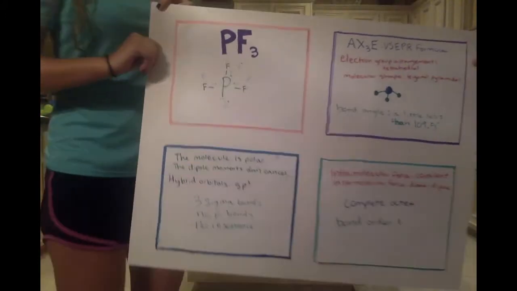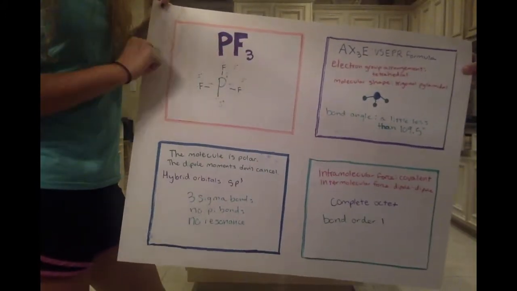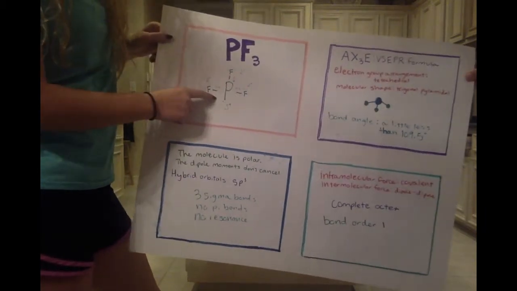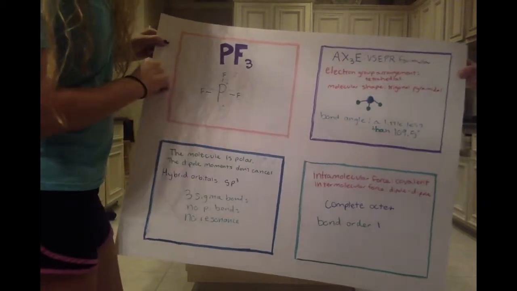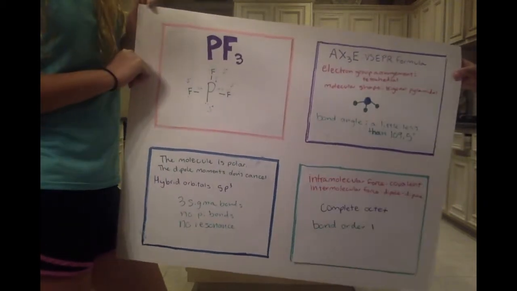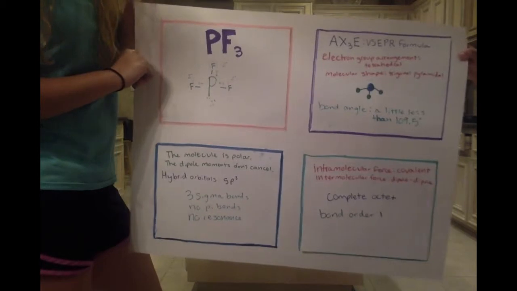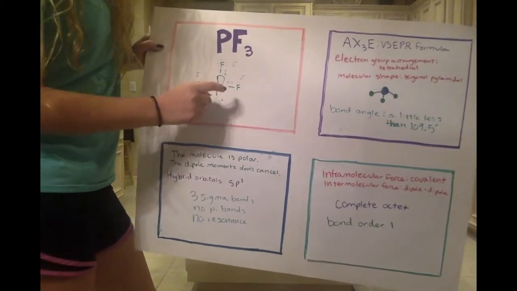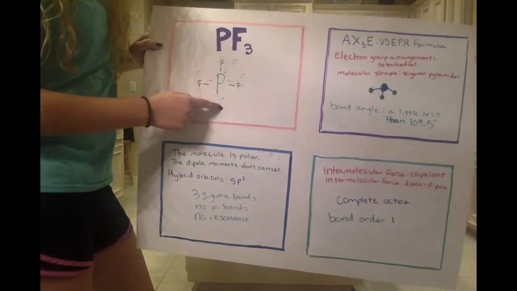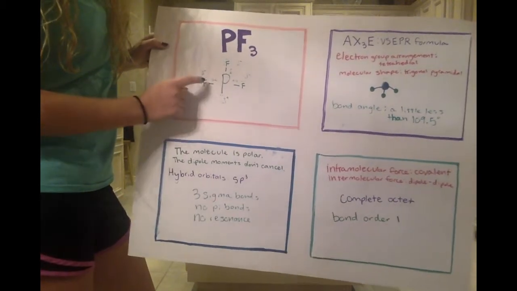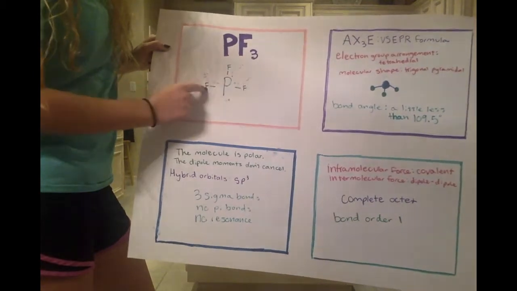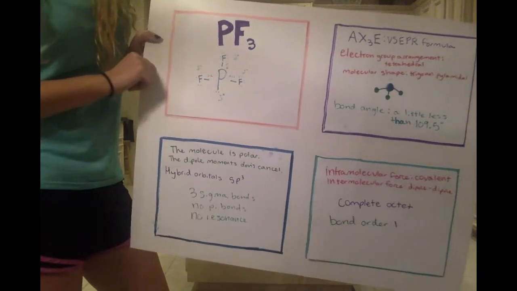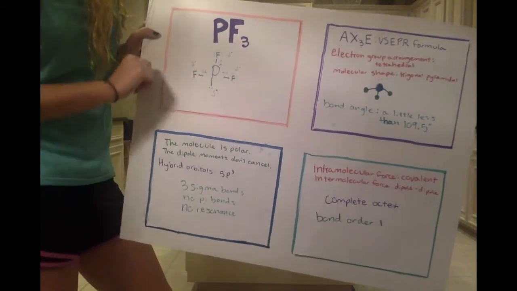So my next molecule is PF3, and here's the Lewis dot structure for PF3. And then the VSEPR formula is AX3E, and it's AX3E because there are 3 atoms surrounding the central atom, the 3 F's, and then E is for lone pairs on the central atom, and here is the lone pair.